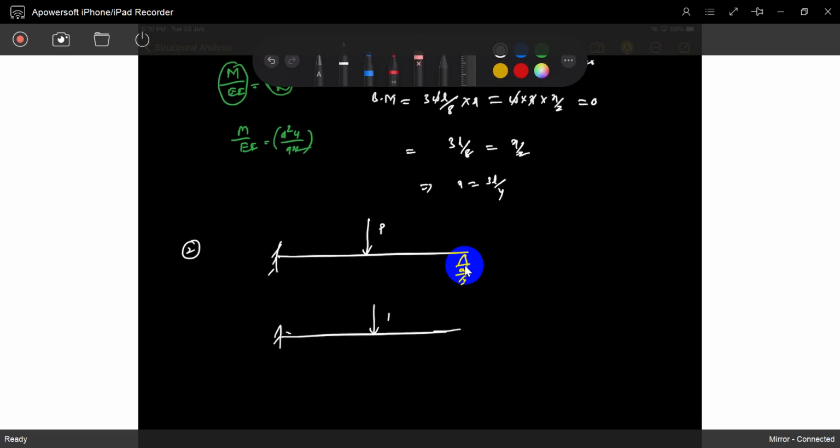Just take an example. To apply a P, what is the deflection here? We already solved it yesterday. What is the deflection here?